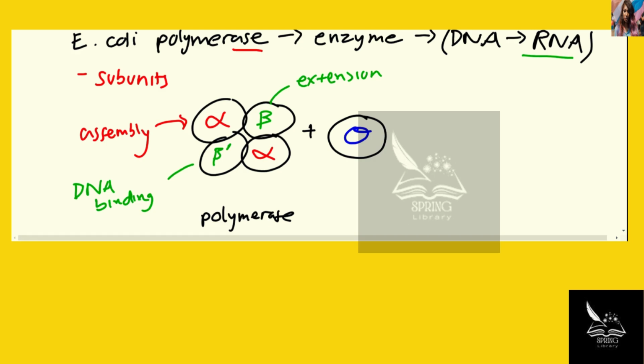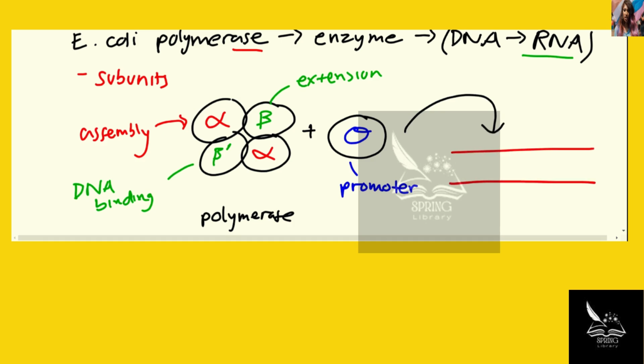And the sigma factor is used to direct this enzyme to the promoter. So it brings this whole unit together to the promoter. And thus, this polymerase can bind onto our DNA, and then it will be able to transcribe and make RNA.